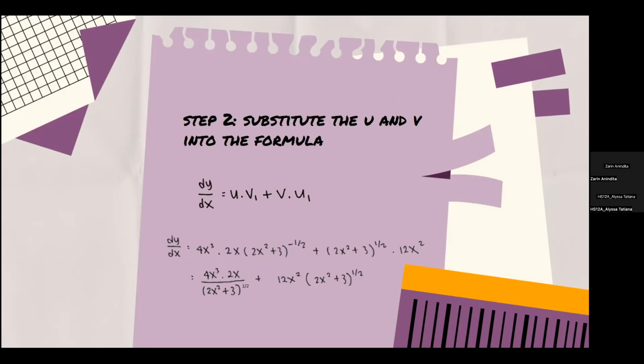And you can further simplify it, and it becomes 4x cubed times 2x open bracket 2x squared plus 3 close bracket to the power of minus half plus 12x squared open bracket 2x squared plus 3 close bracket to the power of half. So this actually can be the final answer, but we can further simplify it.